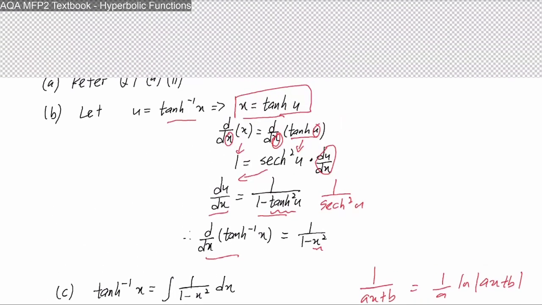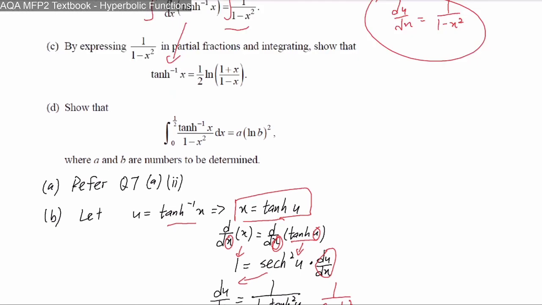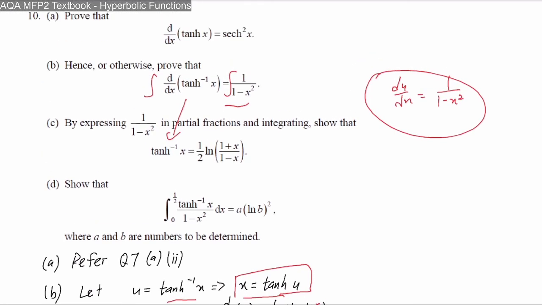Now, if you look at the next one, show that the integral of arctan x divided by 1 minus x squared is given by a ln b, the whole thing squared, with 0 to 1 over 2 as the limits. We have something very similar to the previous part.